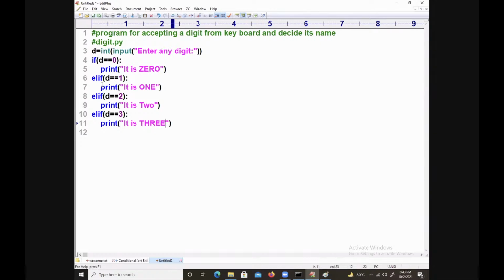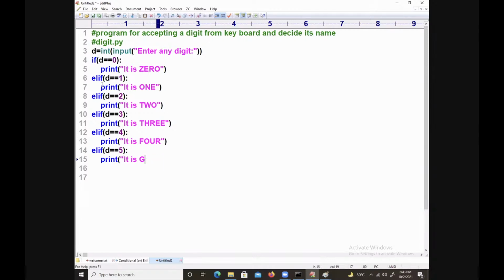Okay, let me write in capital letters. You can see carefully. You can watch it also. Let me take care. It is 4. Now I'll say 4. I am writing 4. Next I am writing elif d == 5. I am writing 5, so that it is 5.